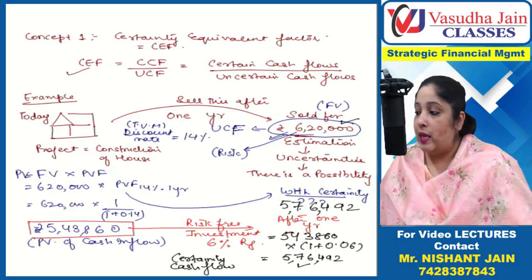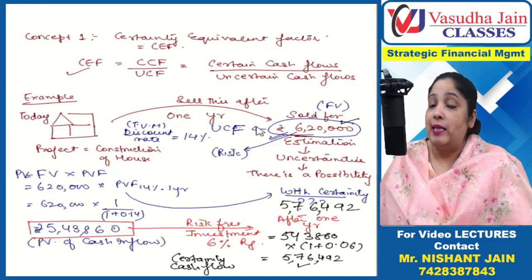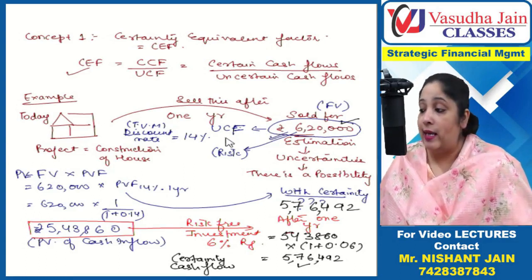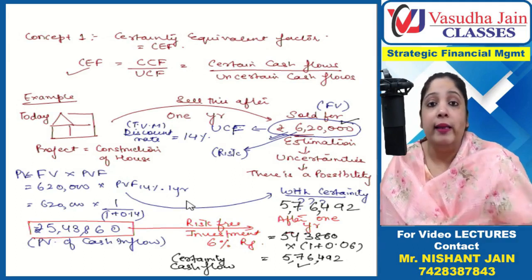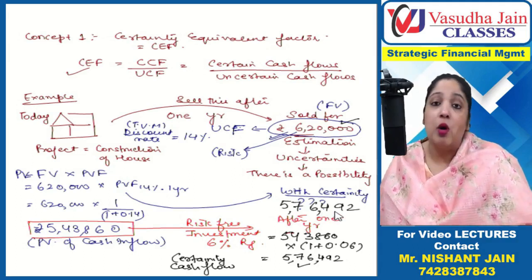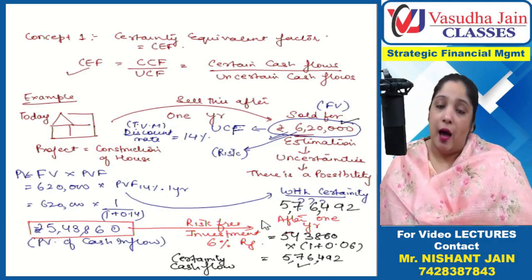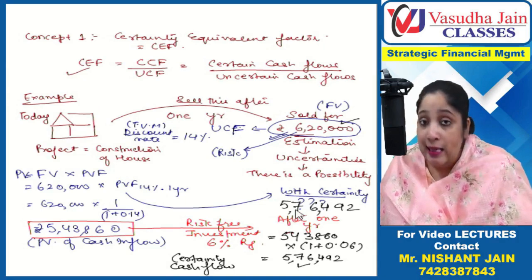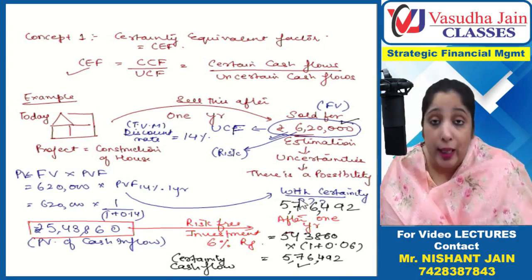So can I say, if we compare these two figures, please understand, with uncertainty the house can be sold for 6,20,000 after 1 year. With certainty, it should be sold for 5,76,492, because from a risk-free investment also you can get this much amount. So after construction of a house, you should at least get a bare minimum of 5,76,492 with surety.